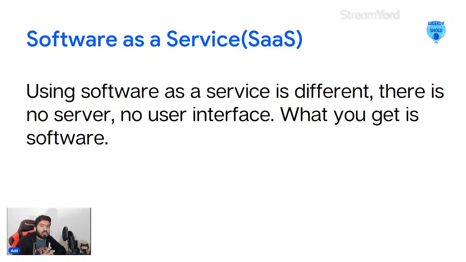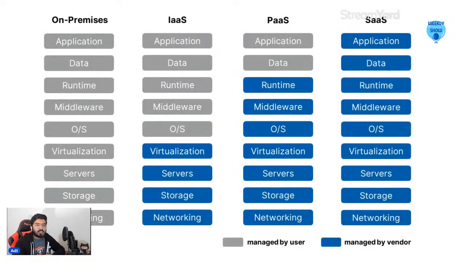You don't need to worry about the coding, the application, the server they are using, or the operating system they are using. You are not worrying about anything. Windows operating system is also a good example of software as a service. So here, this will clear everything. The blue one is managed by your vendor, like the public cloud, and the gray is managed by the user, like me.